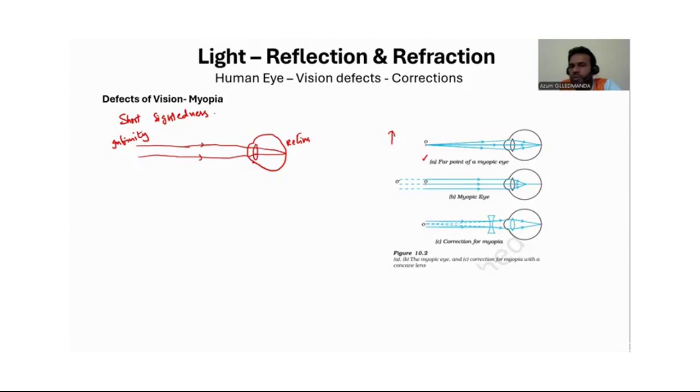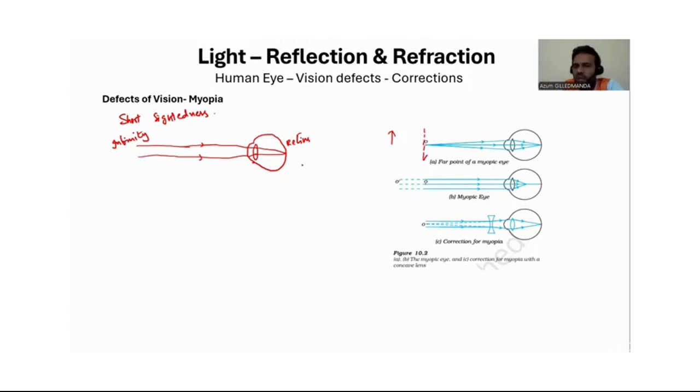In short-sightedness, you cannot see anything distinctly beyond this point. Let's say you are able to focus on objects only up to 5 meters or 10 meters distance, and you will not be able to see beyond that. If there is an object at 20 meters distance, you will not be able to see it distinctly. You can see maybe a blurred image.